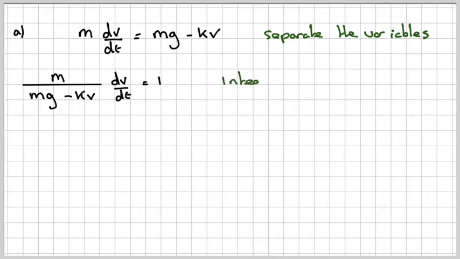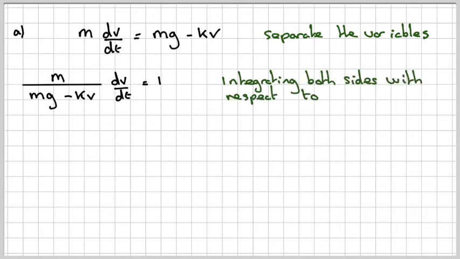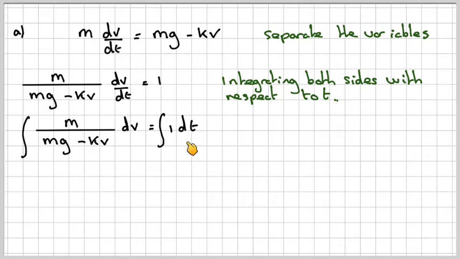We now integrate both sides with respect to t, which means we integrate this side with respect to v, so the integral of m over (mg - kv) dv is equal to the integral of 1 dt. Where does this come from? We think it might come from ln(mg - kv).